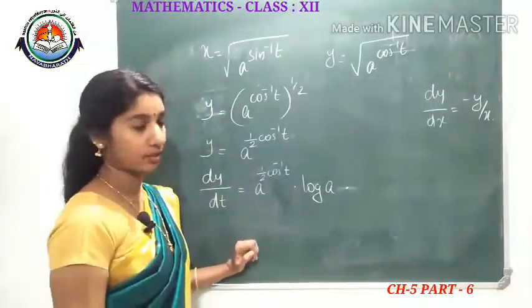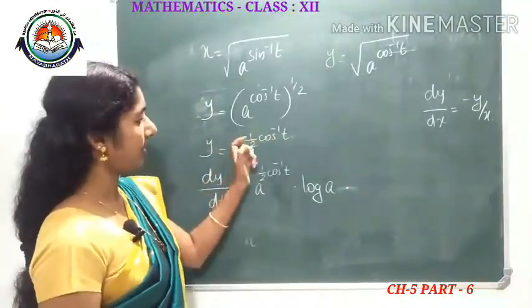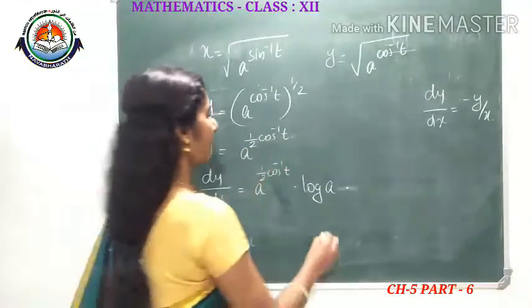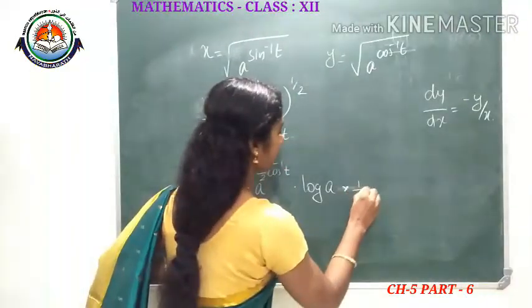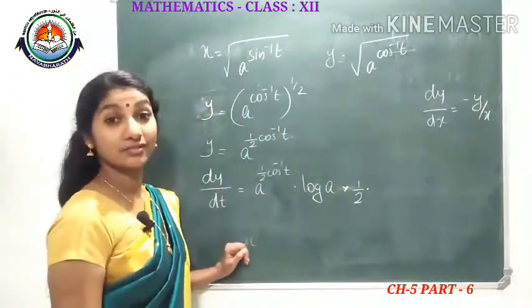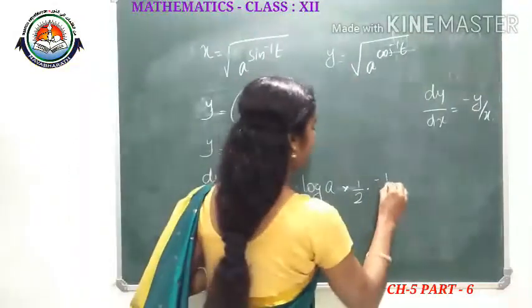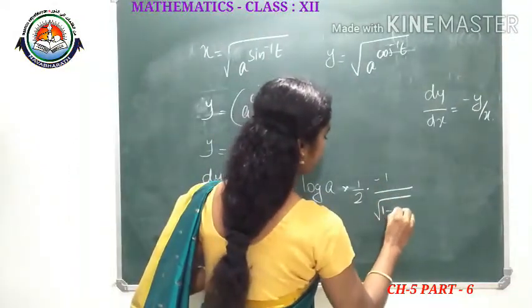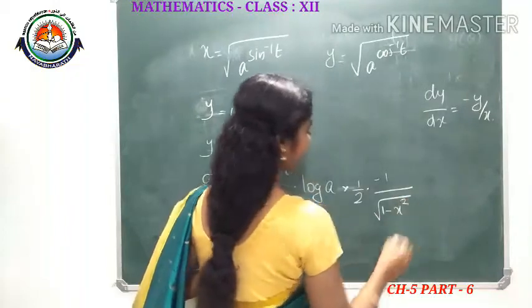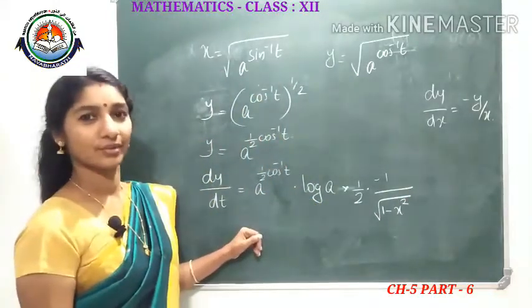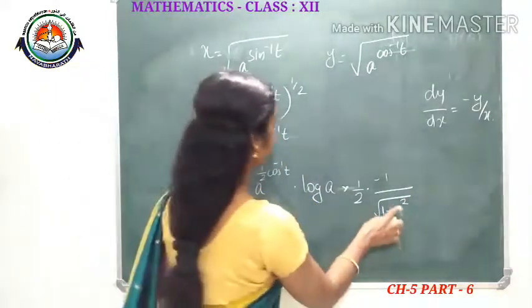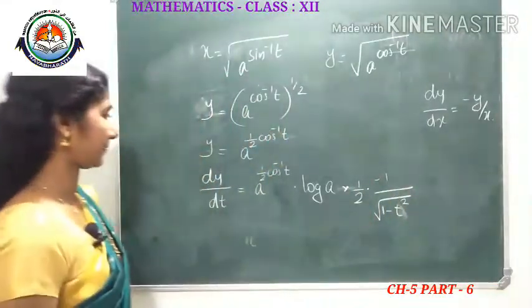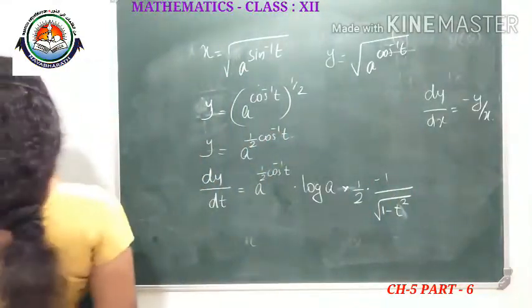Into, chain rule we need to apply, so half cos inverse of t derivative: 1 by 2 into the derivative of cos inverse of t, minus 1 by root of 1 minus x square. Okay, not x, here it is t square.